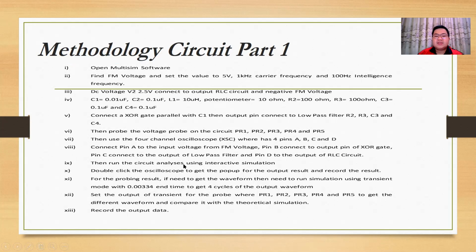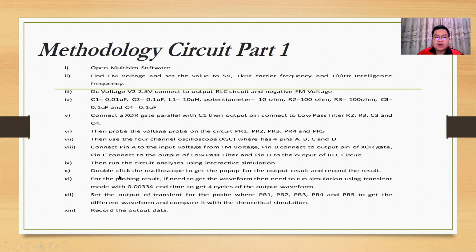Then run the circuit analysis using interactive simulation. Interactive simulation is the normal one. Once we open Multisim, the standard is interactive simulation. Then double click the oscilloscope to get the pop-out of the output result and record the result. Then, for the probing result, we need to use the transient mode. So we need to change from interactive simulation to transient simulation.